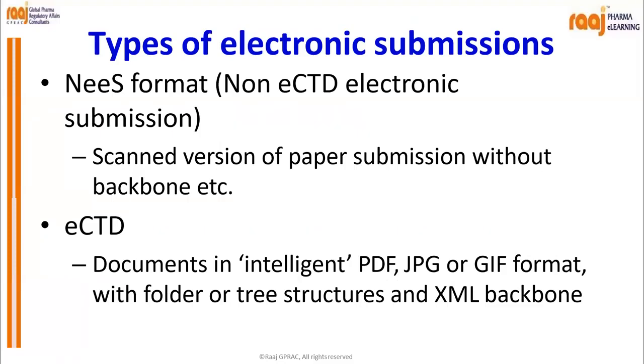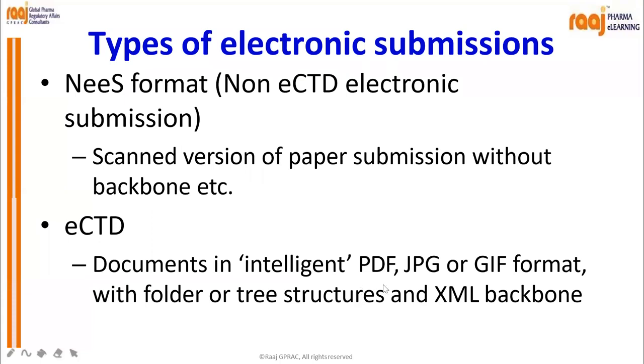So coming to different types of electronic submission, there is the NeeS format, which is non-eCTD electronic submission. It is nothing but a simple scanned version of paper submission without a backbone. And eCTD is a document in intelligent PDF, JPG, or GIF format with a folder or tree structure and the XML backbone.